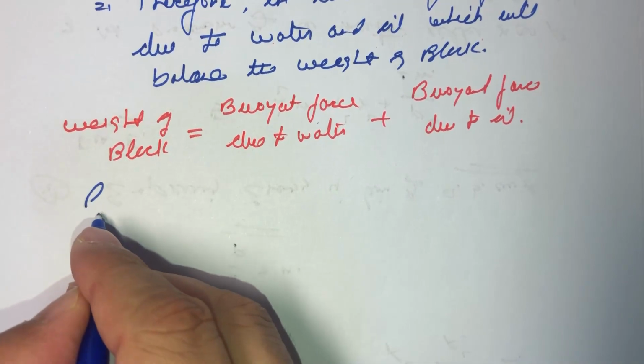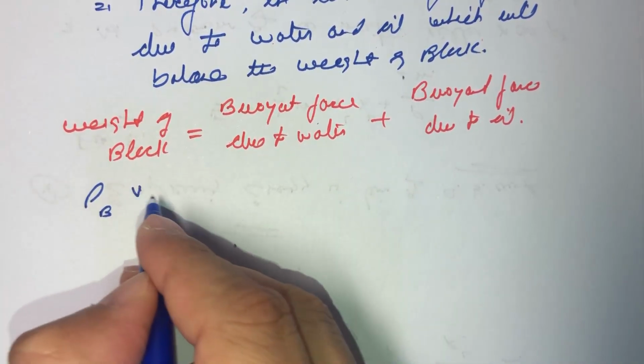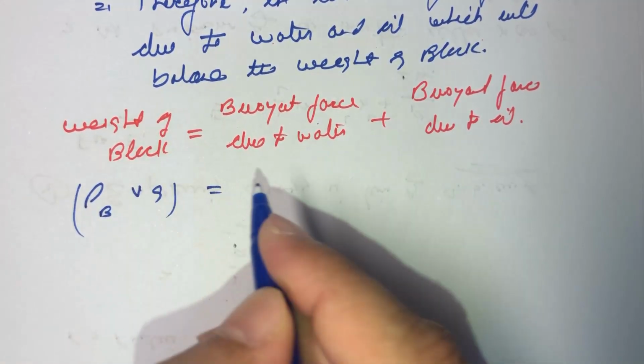So the weight of the block is rho b V multiplied by g.